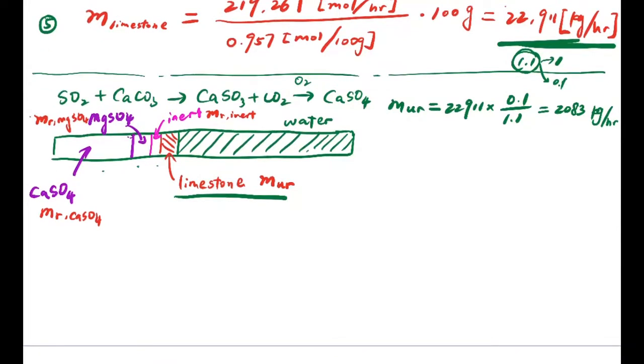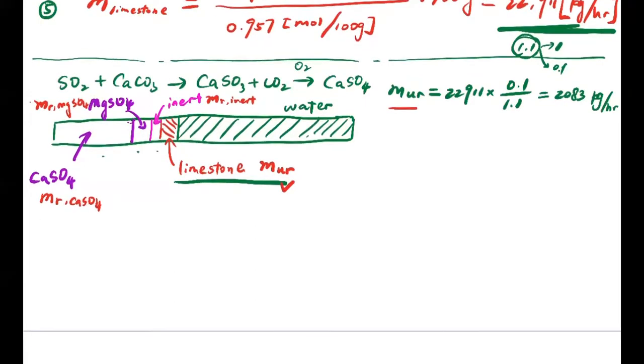So we first calculated the unreacted limestone here, right? If we can calculate the unreacted limestone, we can also calculate the reacted limestone.